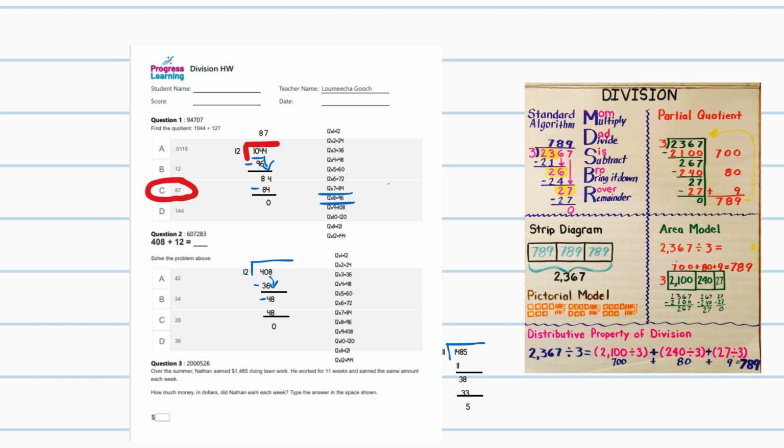So up top over the 8, please put the number that you can multiply by 11 to get 33. Now I'm going to subtract. 38 minus 33 equals 5. And we know we can't fit 11 into 5. So 5 should be our remainder.